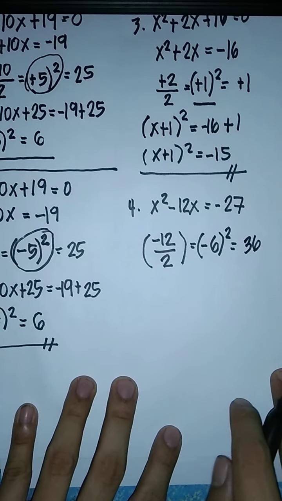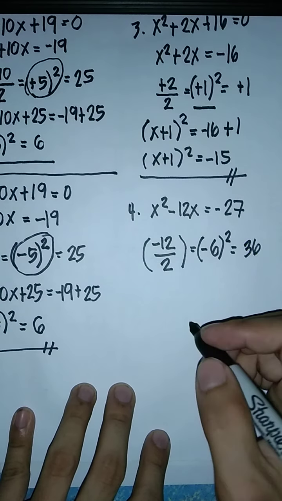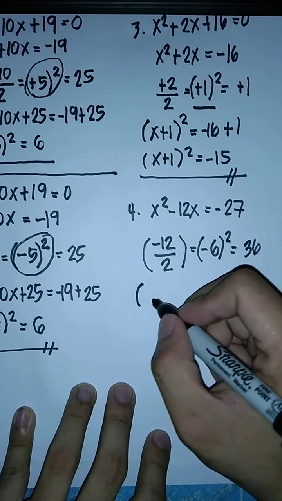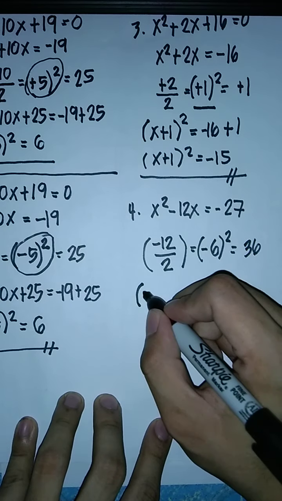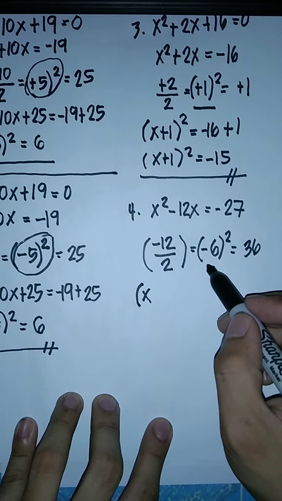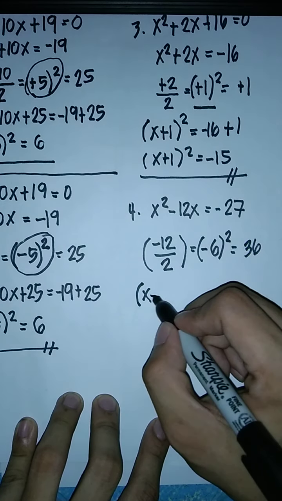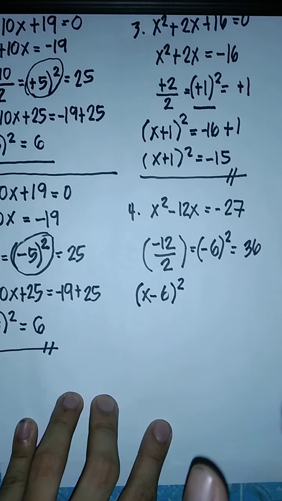Okay. So, since alam na natin yung kanyang squared na value, sulat ko yung open parentheses, copy ko yung x, and then copy mo yung middle term na ating equation. So, we will have negative 6 squared. So, ganun lang kadali. Take note of that.